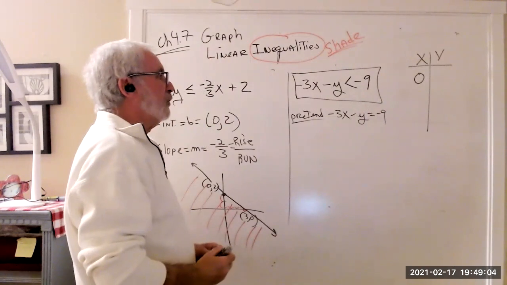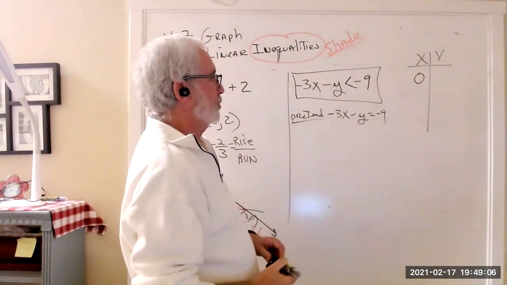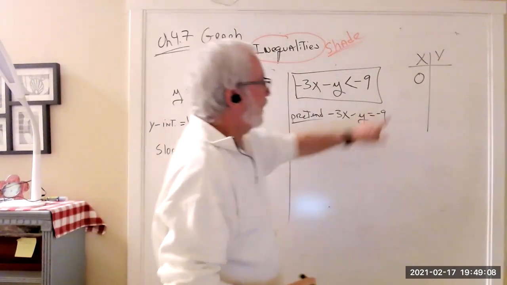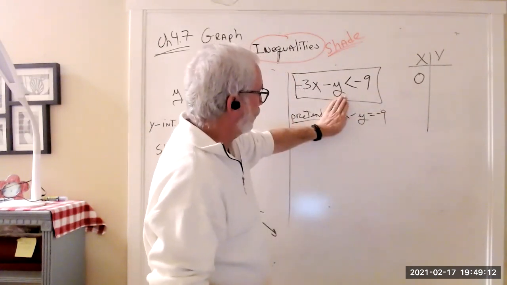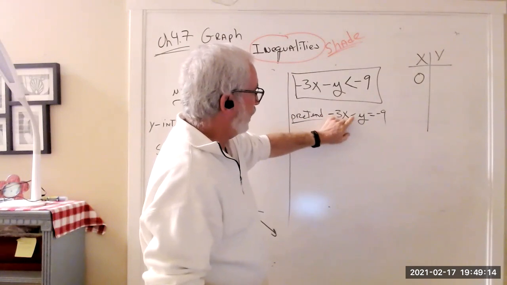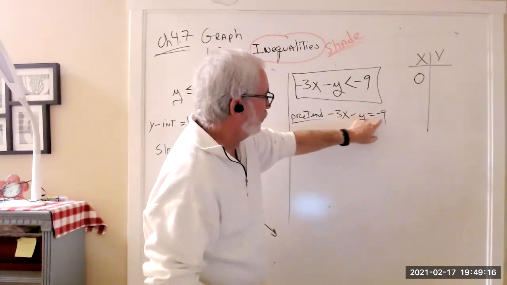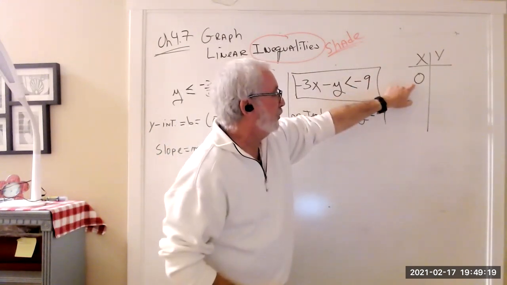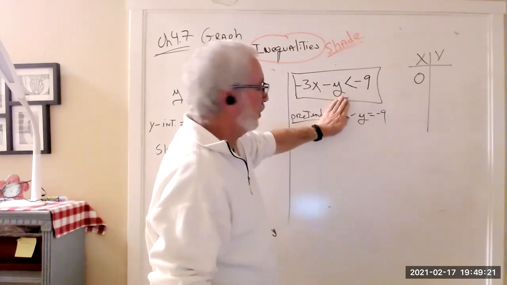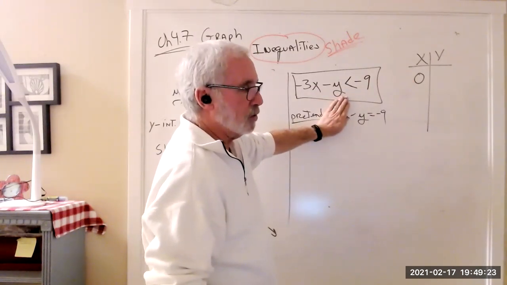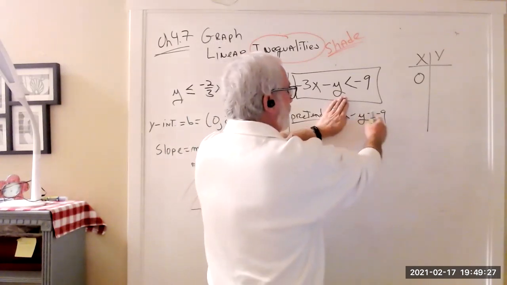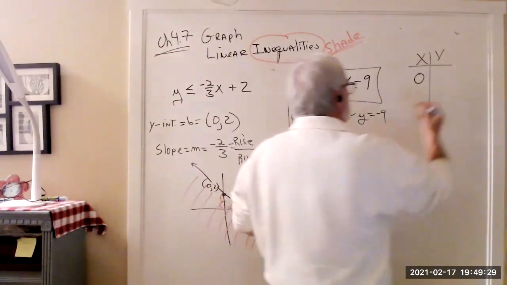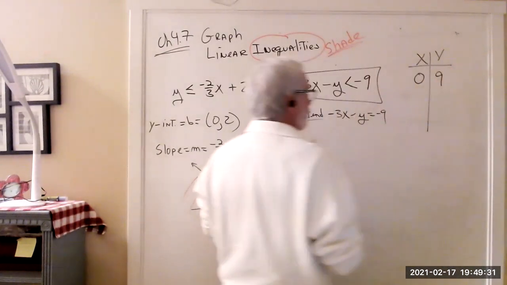If x is 0, then this part of the problem will be worth 0. So I have negative y equals negative 9. If x is 0, this part of the equation is 0, so we can cover it up. And I have negative y equals negative 9, which means y equals positive 9.